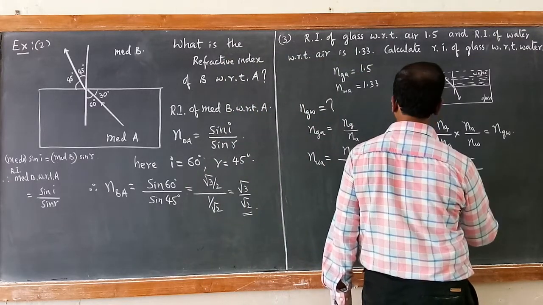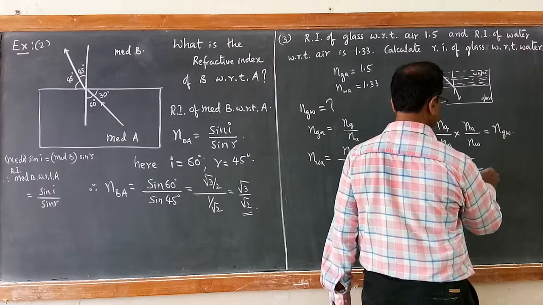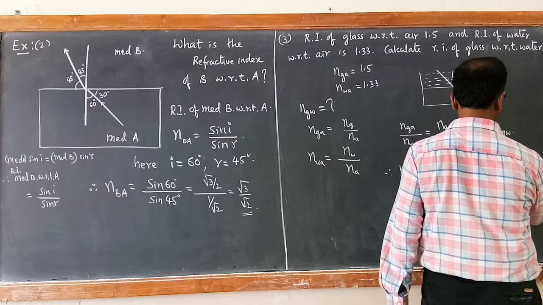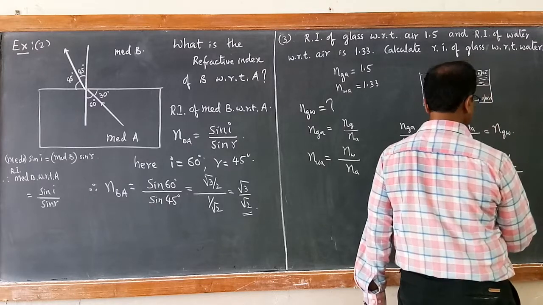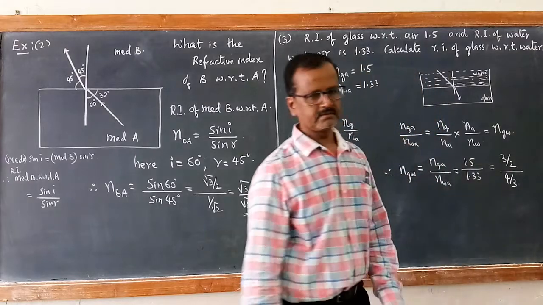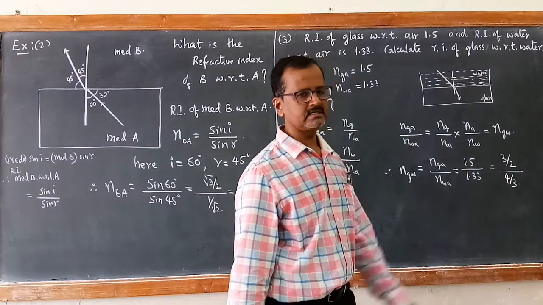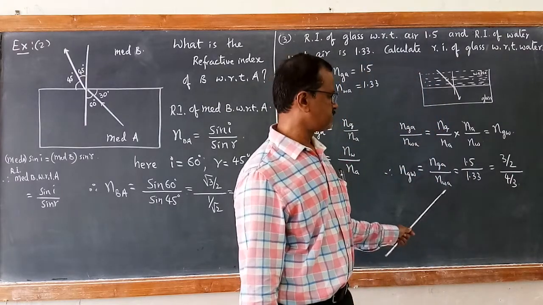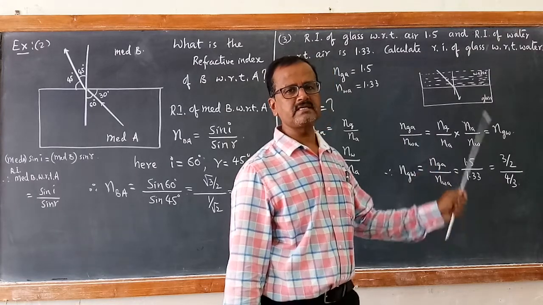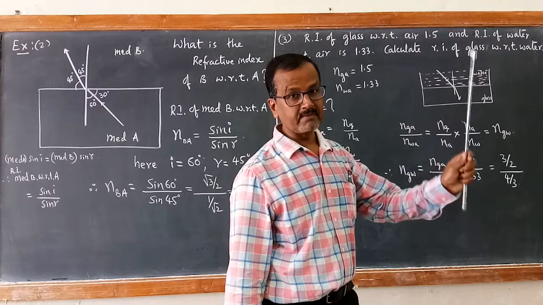1.5 divided by 1.33. 1.5 can also be written as 3 by 2, and 1.33 can also be written as 4 by 3. So remember, the absolute refractive index of water is 4 by 3. The absolute refractive index of glass is 3 by 2.